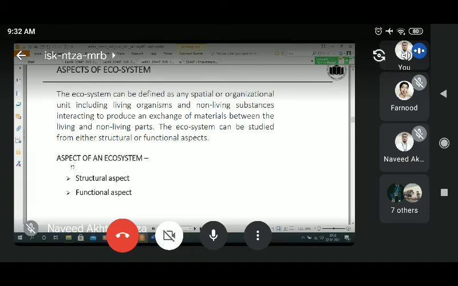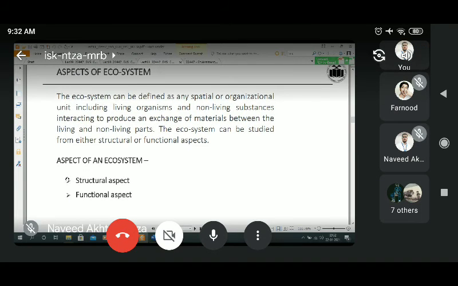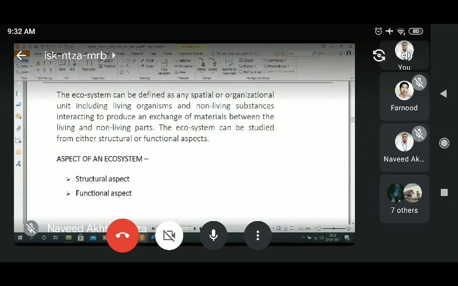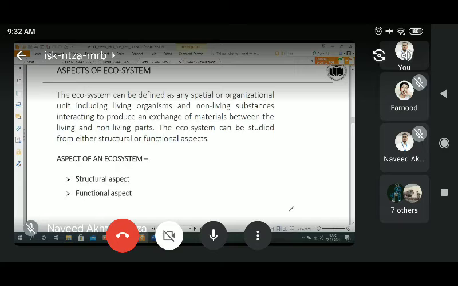So there are mostly two aspects in the ecosystem: the first one is the structural aspect, and the second one is the functional aspect.